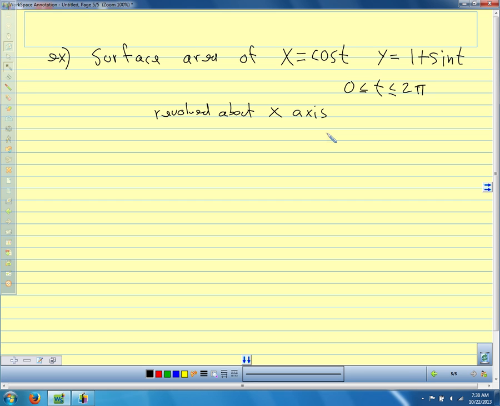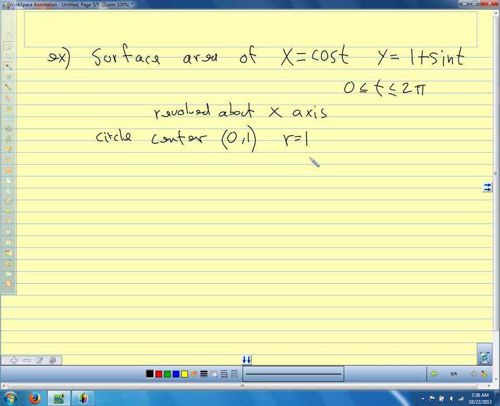So thinking about what we just talked about for a circle, what would you guess that the graph of this set of parametric equations would look like? A circle shifted up 1. So this is a circle centered at (0, 1), and there's nothing in front of the sine and the cosine, so our radius equals 1. So when we revolve this about the x-axis, we'll get a torus.